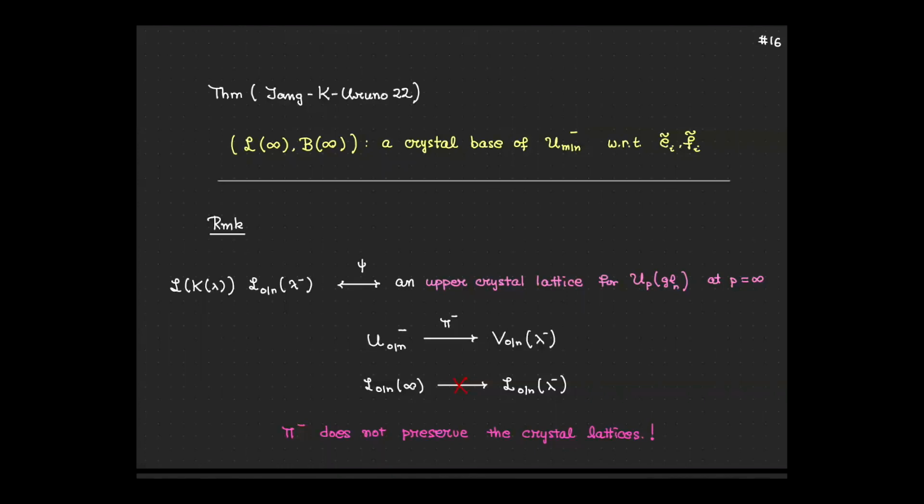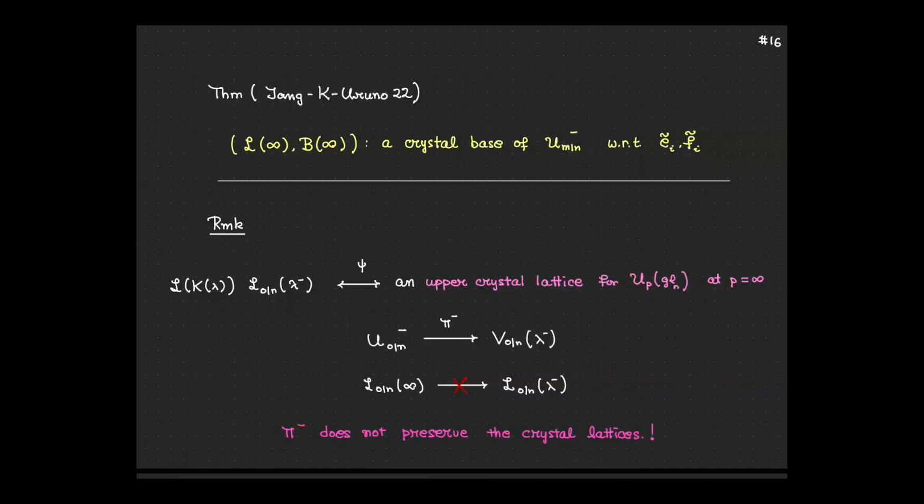So finally, I now still have some time. I want to talk about the compatibility of this crystal base and the crystal base of the Kess module. In the usual crystal base theory of the Kac-Moody algebra, there is a crystal base of the Verma module, and we also have a crystal base of the integrable highest weight module.